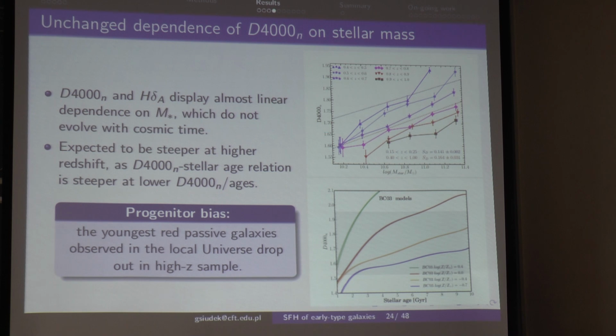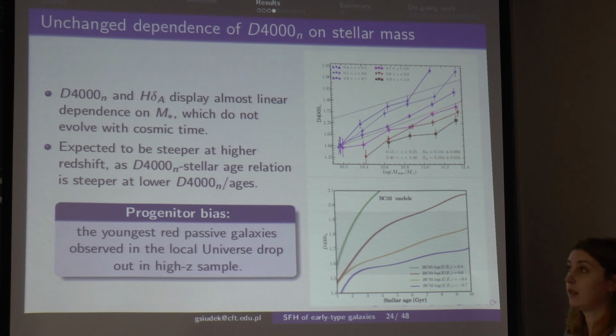Moreover, comparing this relation for redshift 1 and for the local universe, we see that it doesn't evolve with time. And this is not what we expected, because if we look at the D4000 stellar age relation, the relation is steeper at lower D4000 and lower ages, so we expect that this relation would be steeper at higher redshift.